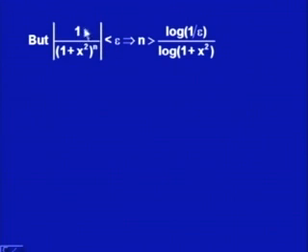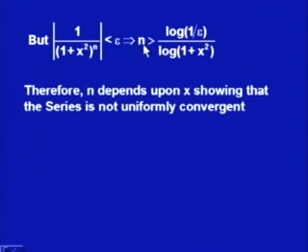But we know that the modulus of 1 over (1 + x²) raised to power n is less than epsilon if n is greater than log(1/epsilon) divided by log(1 + x²). That means this n we can choose for a given epsilon depends upon x, and therefore n depends upon x, showing that the series is not uniformly convergent.